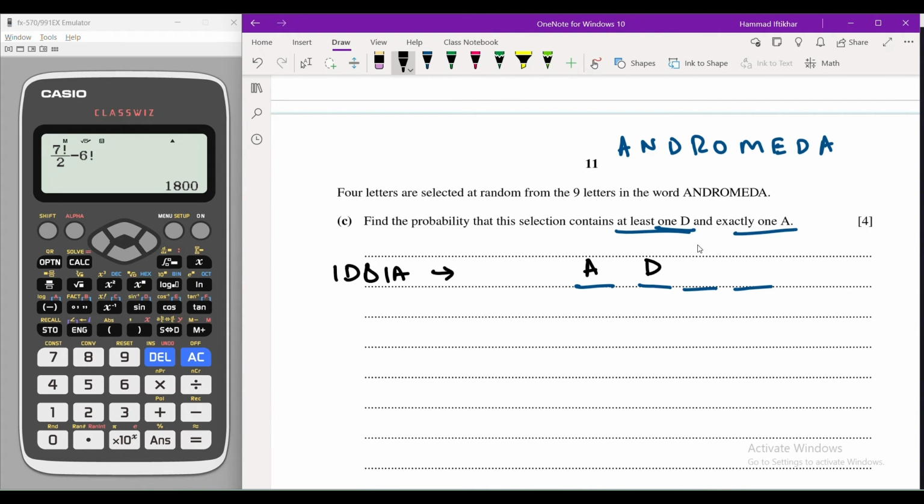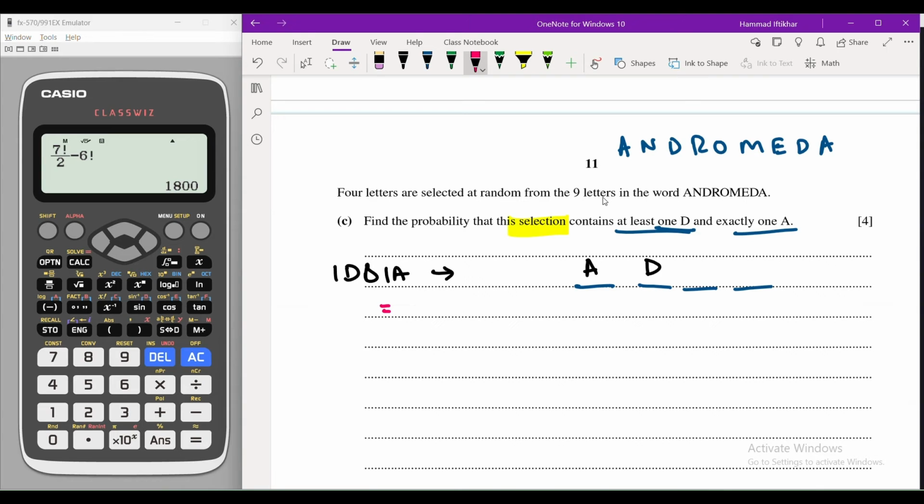So even for the D, we're going to do the same thing. So we are just selecting one D over here. So the keyword over here is selection. This is not permutation. So this means that this is a combination problem. So now two D's are gone, two A's are gone.